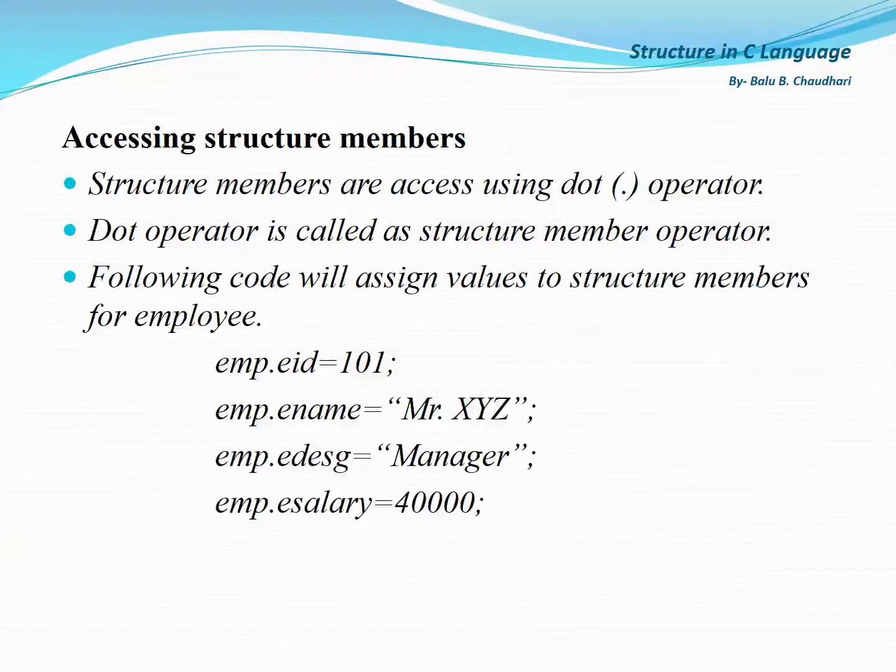So individual structure members are accessed through the use of the dot operator. Here the structure variable name followed by a period and the member name refers to that member. All the structure members are accessed in this way.